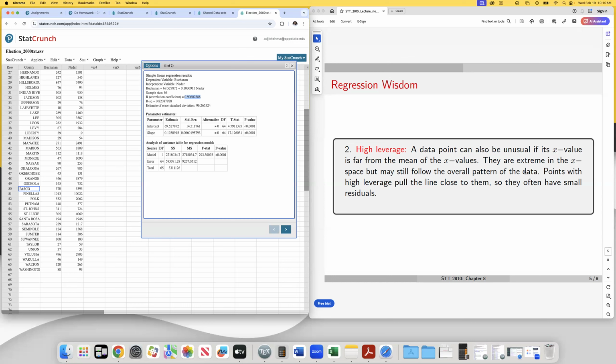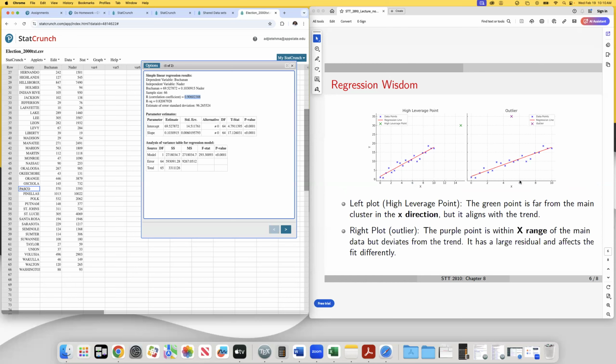Now, let's try to look at what I am trying to point out here. So let's look at these two graphs here, okay? These two graphs are to help you understand what a high leverage point is and also what an outlier is.